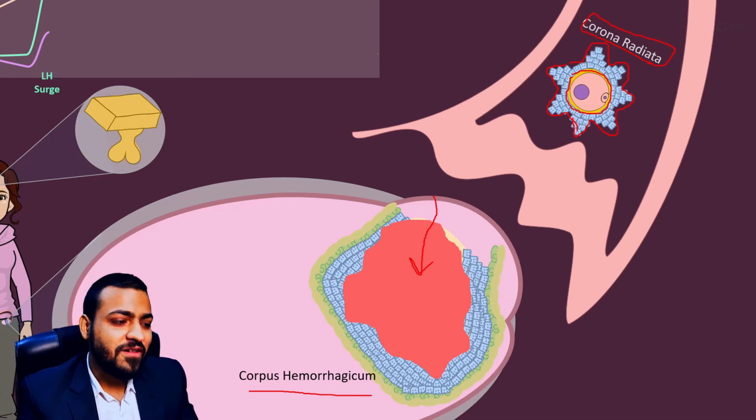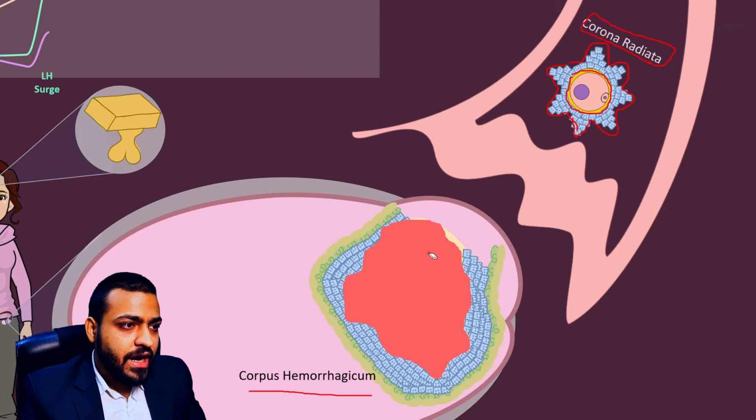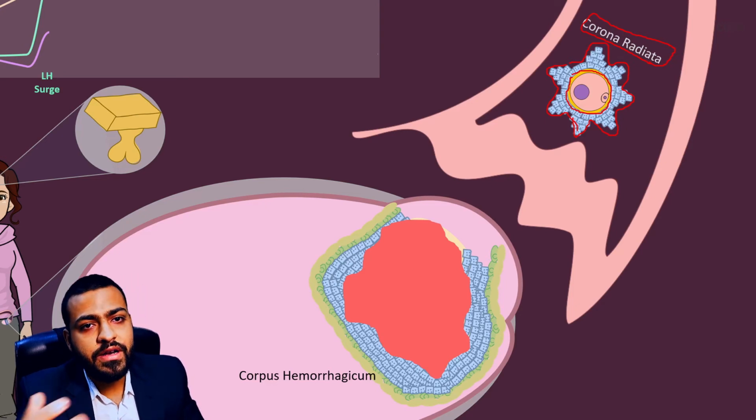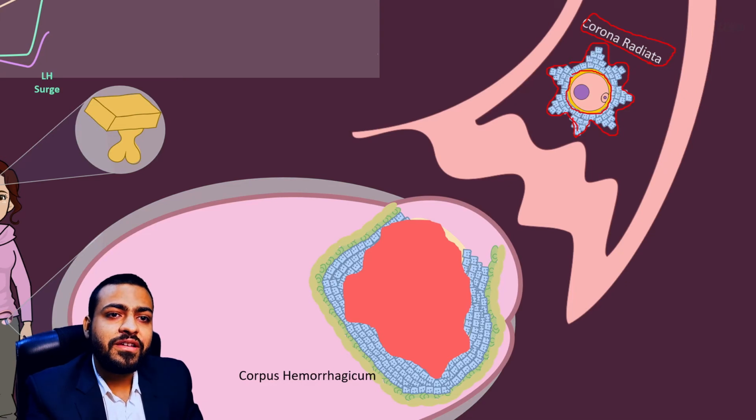So it is nothing complicated, and it is just a temporary structure. Within a day or two, macrophages will clear these blood clots and it will be converted into corpus luteum.